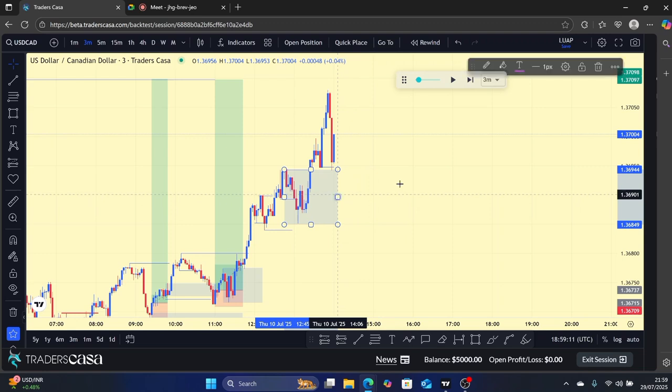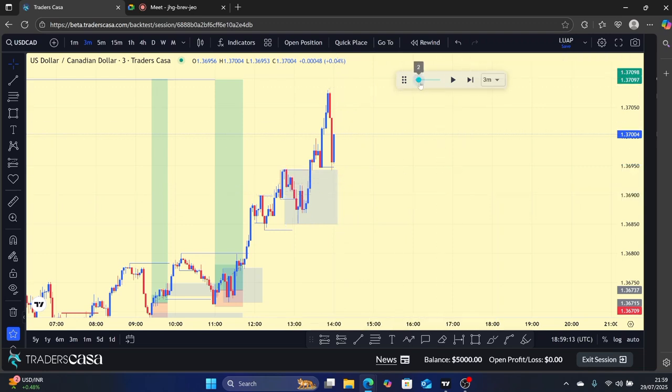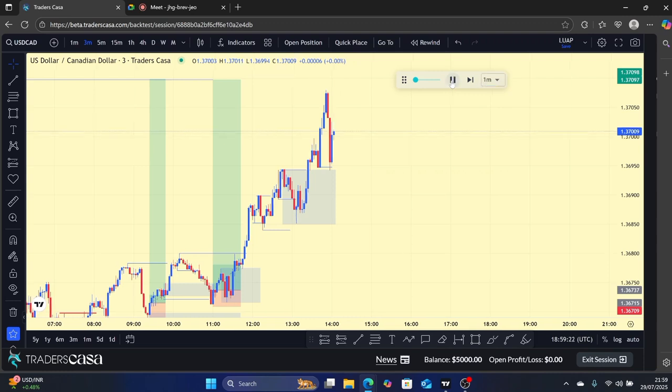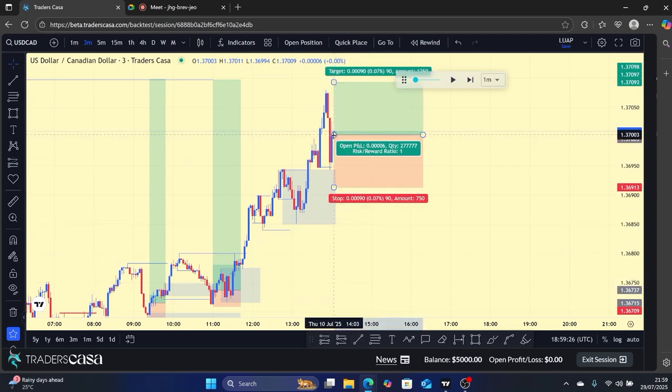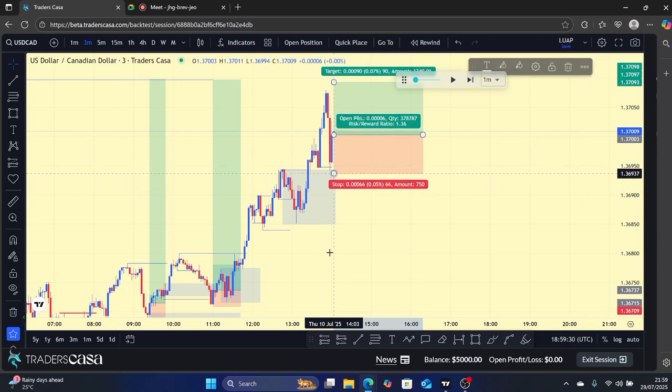So this means if that candle closes bullish, then I will have the confidence to actually take the buy. Exactly right there, so we can take the buy here because that's the major inducement sweep. SL, if I place the stop loss down here, I will have a very small risk reward.